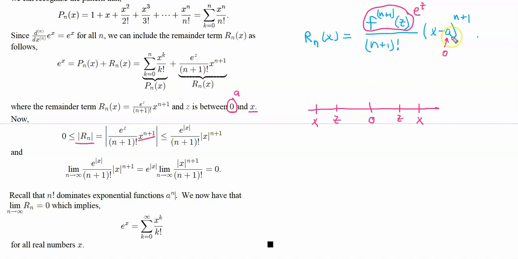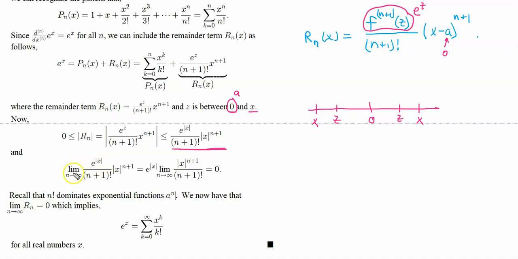That's coming from x minus a to the n plus 1. And so we have this inequality right here for the Rn terms. So we know that the remainder terms are less than this quantity. Now we need to take the limit of this as n goes to infinity and verify that we get 0.